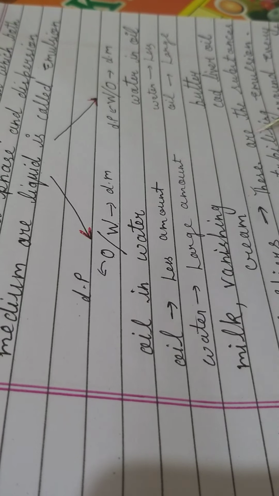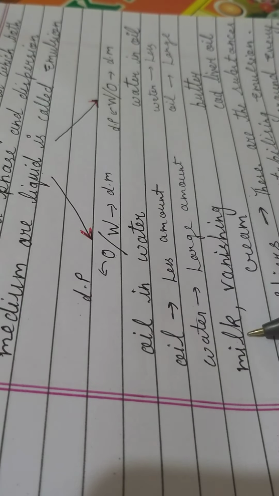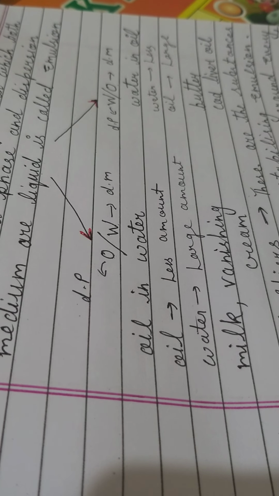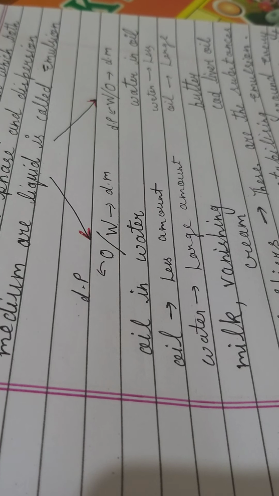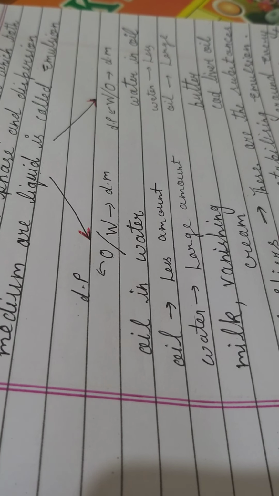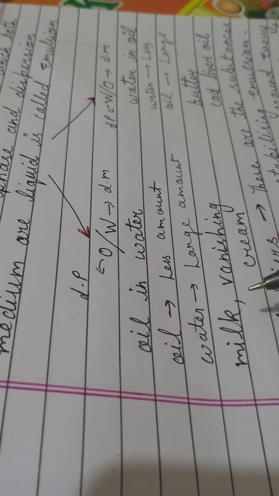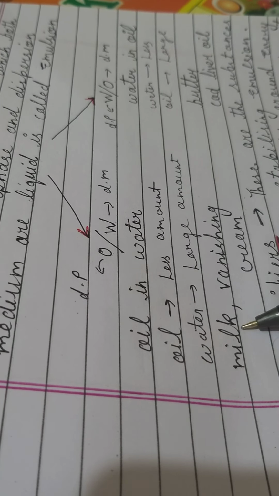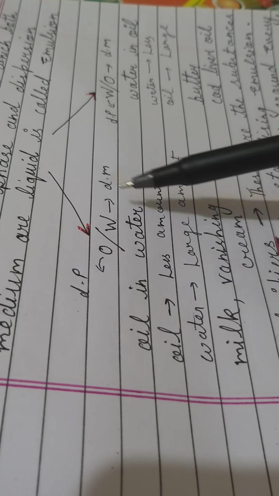Okay, so the best examples are the ones I have written here: oil in water. As we have seen, milk looks watery, but it contains a small amount of oil also, because you separate cream from the milk. That shows that milk is the best example of an emulsion in which the dispersed phase is oil and the dispersion medium is water.